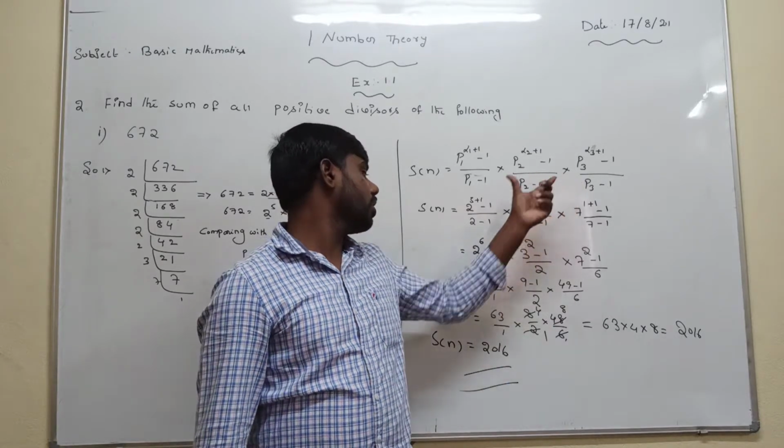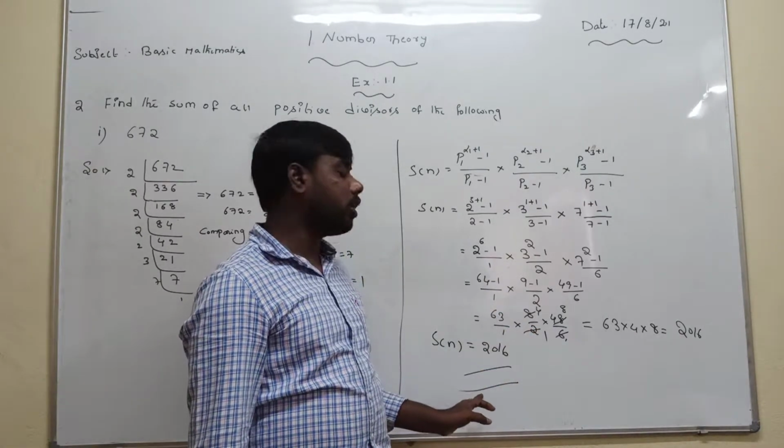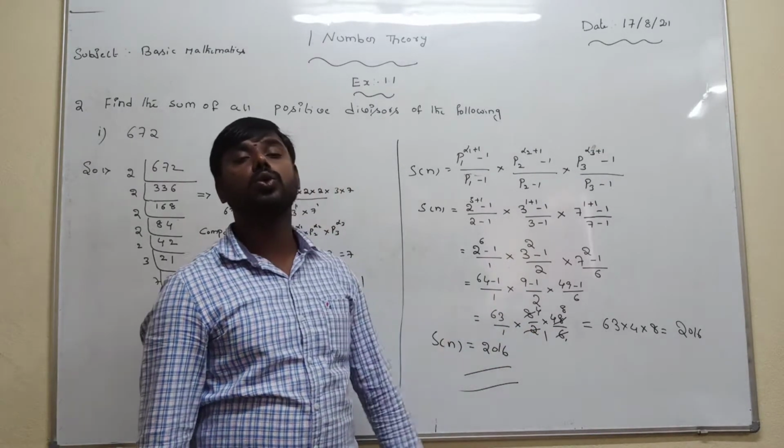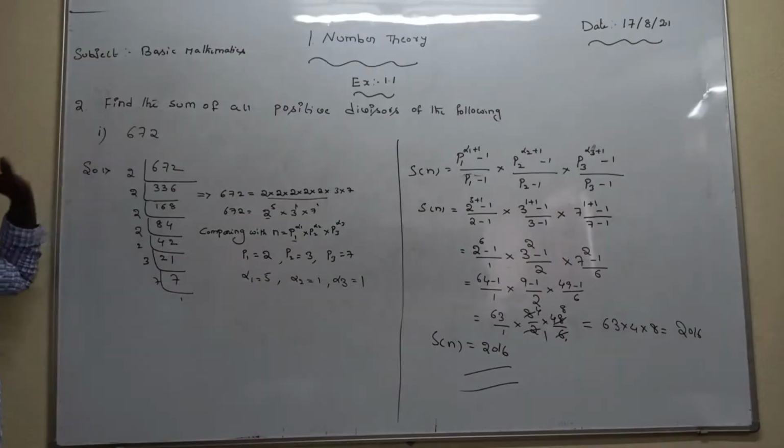This is the formula. Substitute all the values. Finally, we get the sum of all positive divisors. This is the solution of the first question.